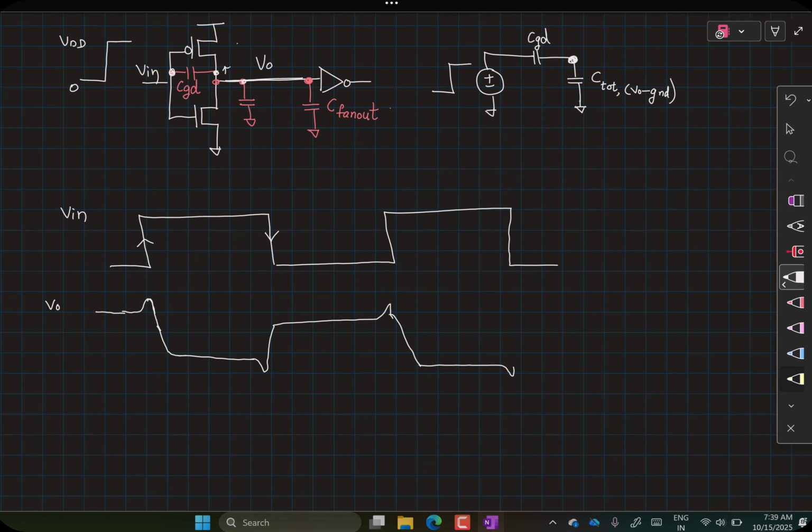This is a very interesting phenomenon, and I would invite you to think about how the current directions are going to be in these regions. But of course, whenever you simulate an inverter, and if you don't see this sort of overshoot and undershoot, either it means that your CGD capacitance is very, very small, or it could mean that there is something wrong with your transistor model or your simulation setup.